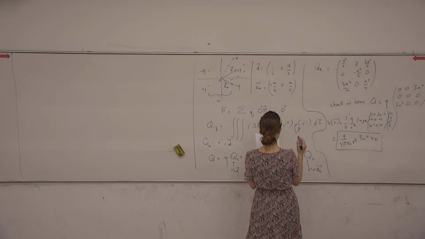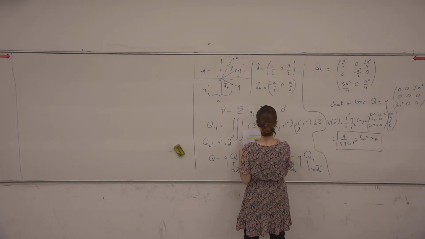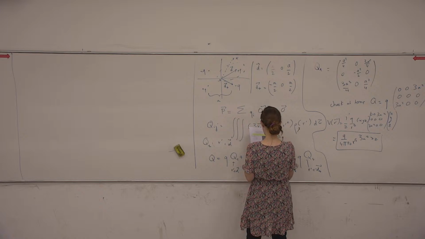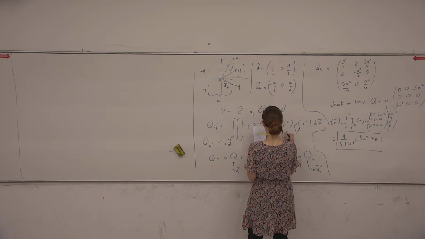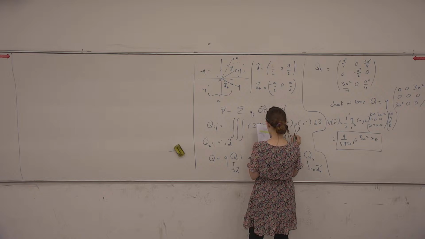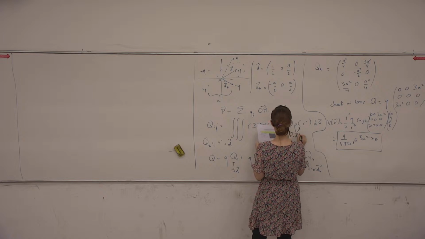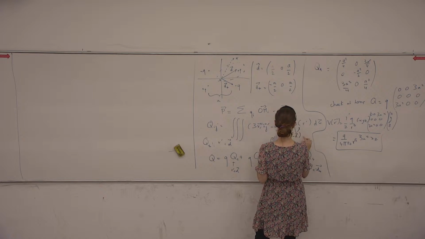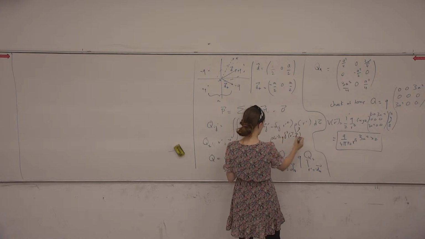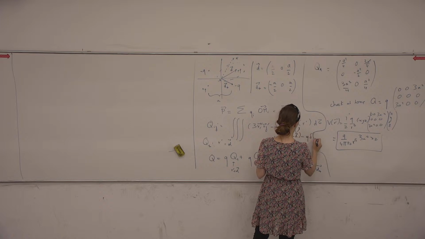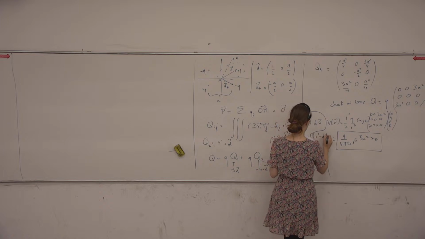So 1 second. Okay, so this row R1 is equal to Q delta 3 of R prime minus D. You agree? Minus Q delta of R prime minus D star.